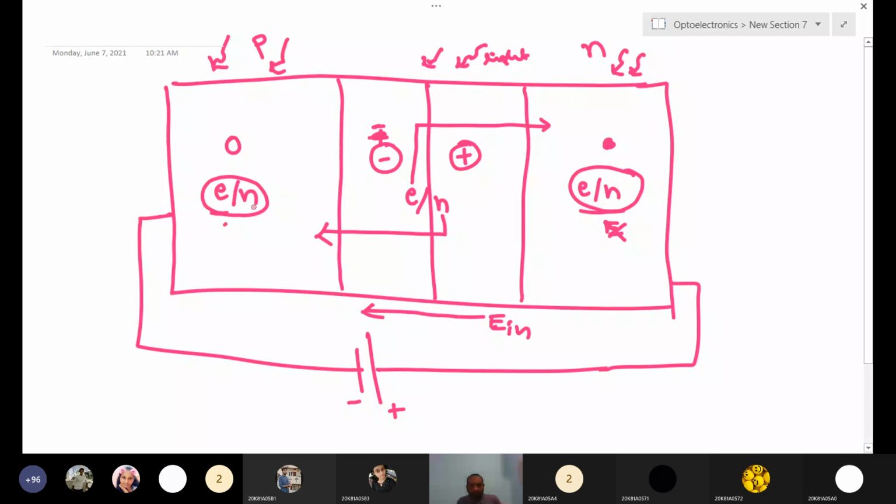That means even though we generate them using light, they recombine immediately. These are not producing any current, because there is no field.